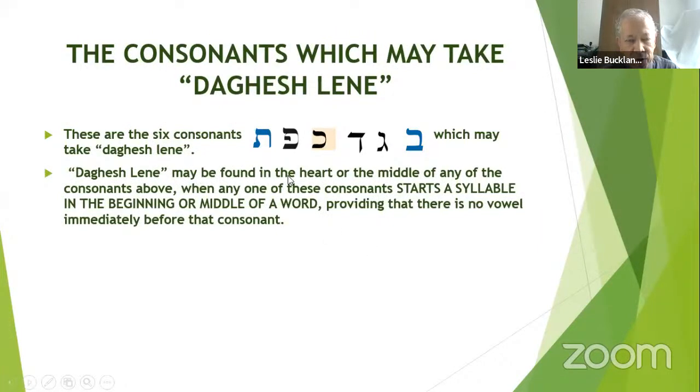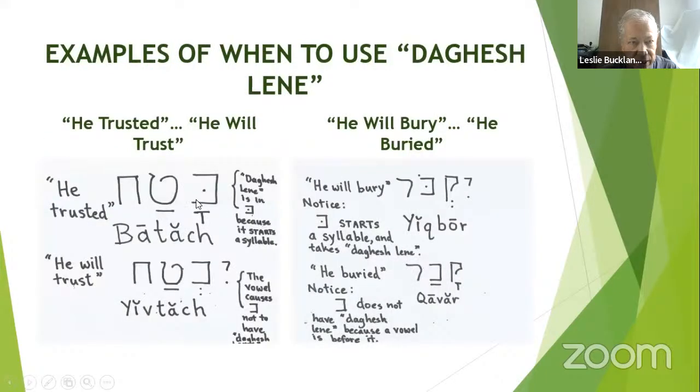Dagesh Lene may be found in the heart or the middle of any of the consonants above when any one of these consonants starts a syllable in the beginning or middle of a word, providing that there is no vowel immediately before that consonant. So these examples were to illustrate that rule.